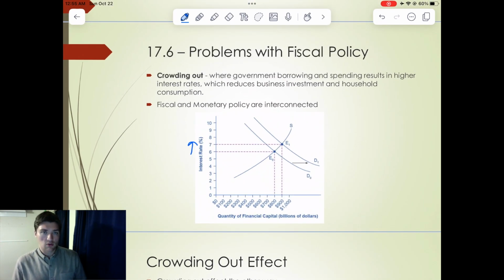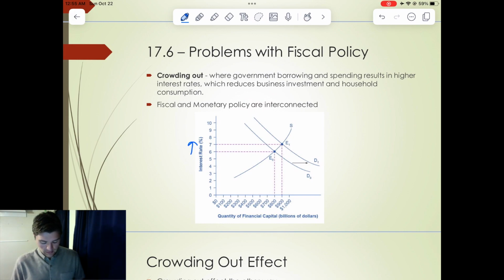And so that's where the crowding out comes in: we're trying to increase the aggregate demand, but we're also decreasing it at the same time through the crowding out effect. So that's where fiscal and monetary policy have to be interconnected. Basically, because the interest rate is changing, we still want to do investment, so monetary policy has to kick in.